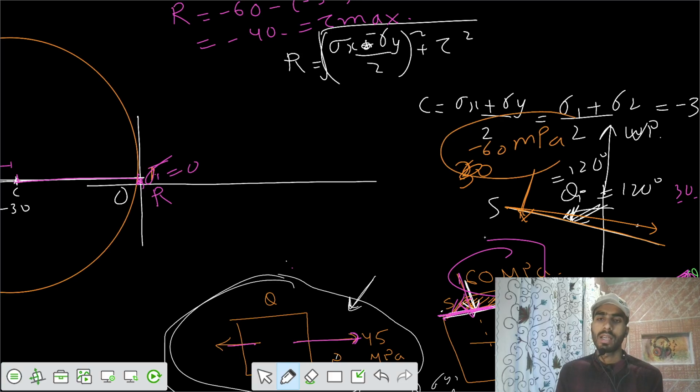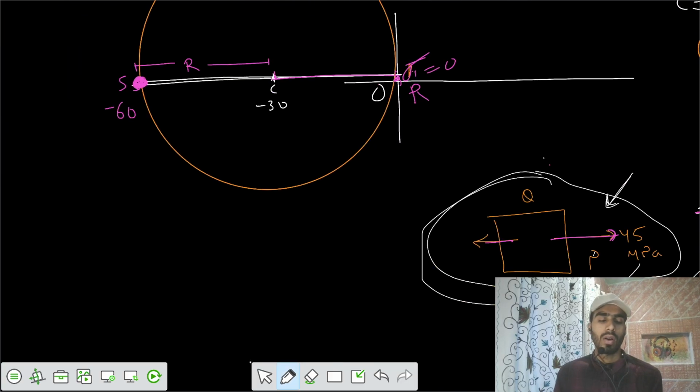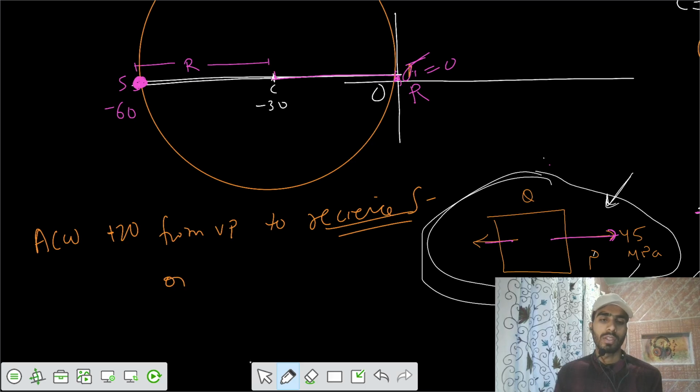Can we say that? That means we can write here: anti-clockwise 120 degrees from the vertical plane to receive plane S, on which minor principal stress sigma 2, minus 60 megapascal, is acting.